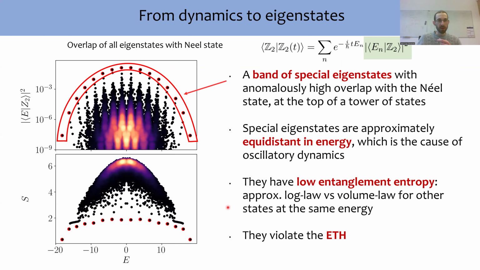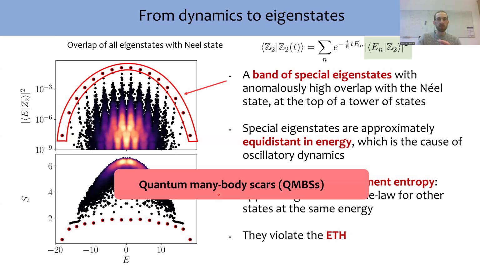So we now have some kind of weak violation of ETH, where most states are thermal, but you have a few sets of non-thermal states. And you will only see non-thermalizing dynamics if you start from an initial state which has high overlap with these special states. And this is a phenomenon called quantum many-body scarring, which has been called like this due to a similarity to the same phenomenon in single particle physics.